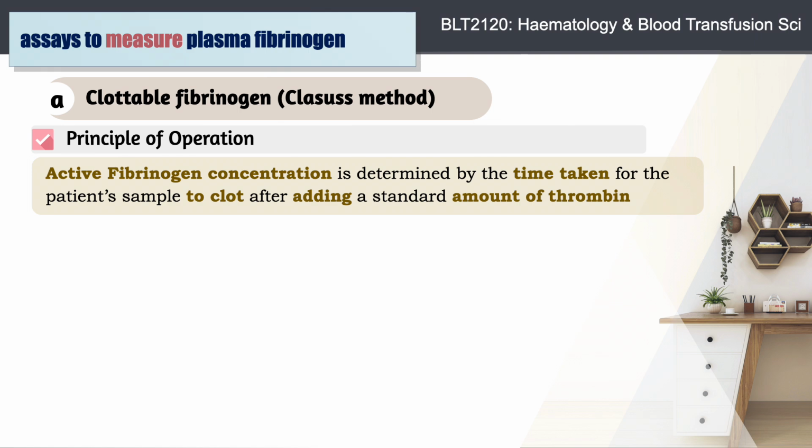The principle of operation: the active fibrinogen concentration is determined by the time taken for the patient sample to clot after adding a standard amount of thrombin.